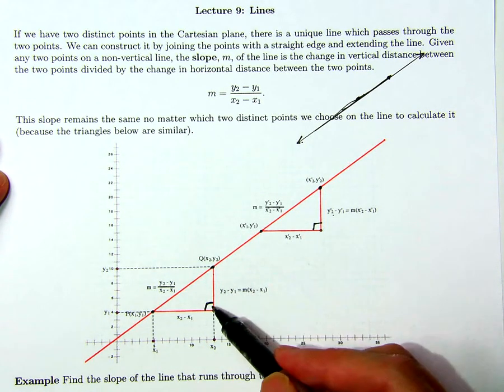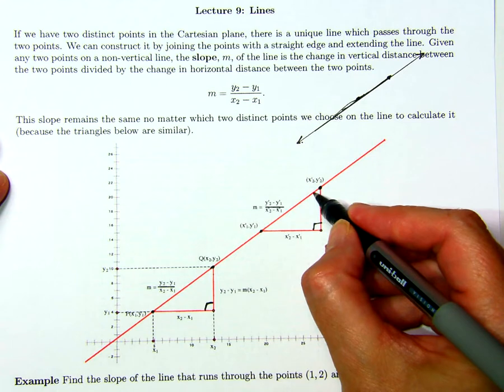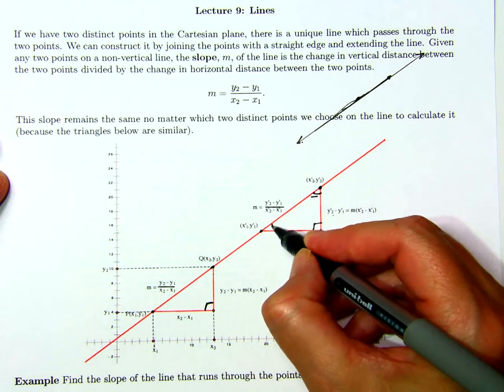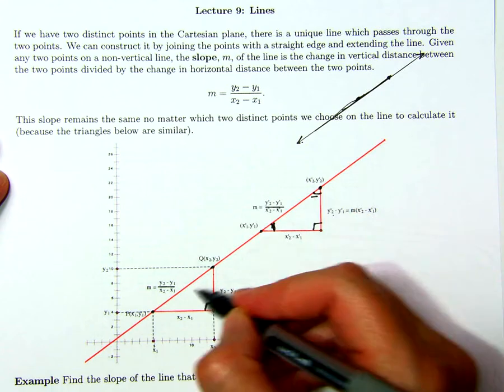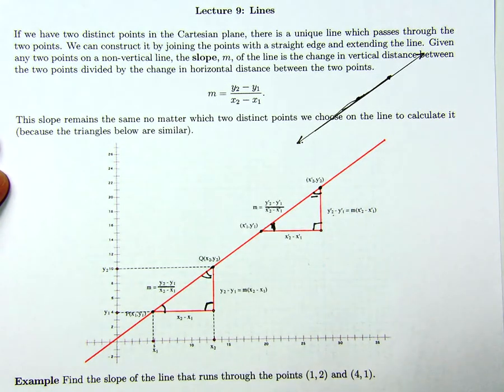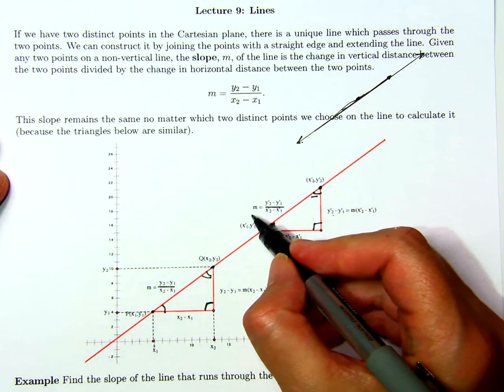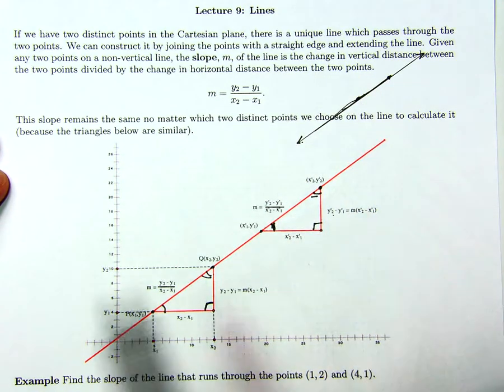Both are right-angled triangles, and because they're on the same straight line, these angles are equal. Sorry, that angle is equal to this one, and that angle is equal to this one. So hence, no matter which 2 points I choose to calculate the slope, I should get the same answer.